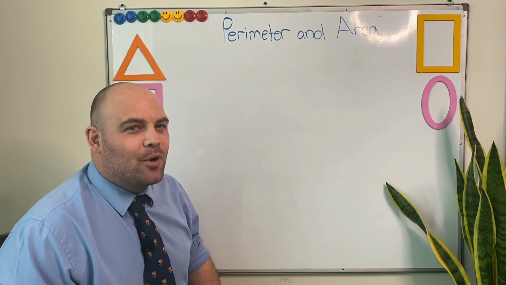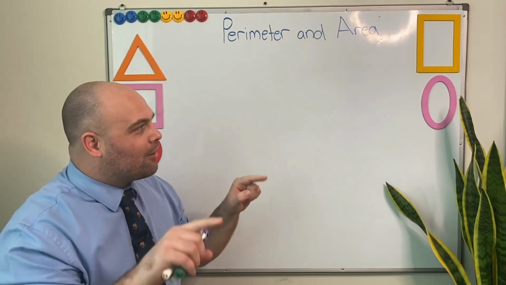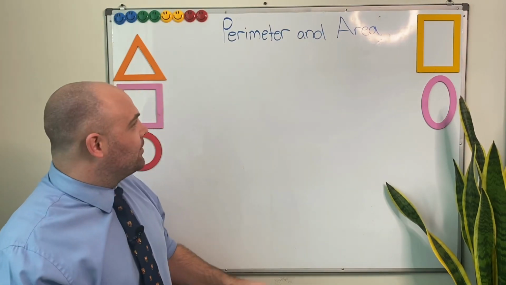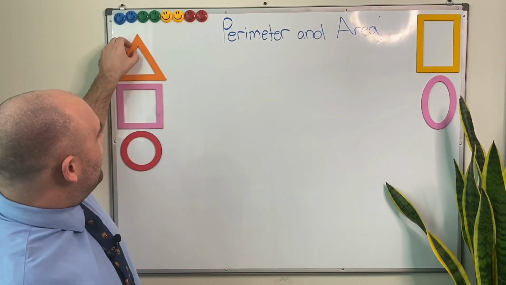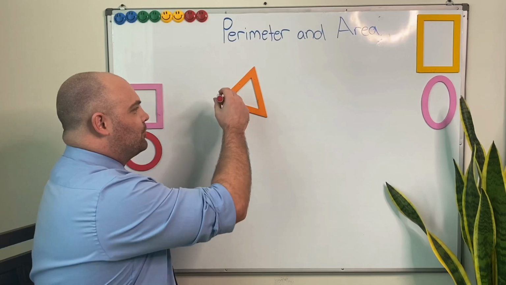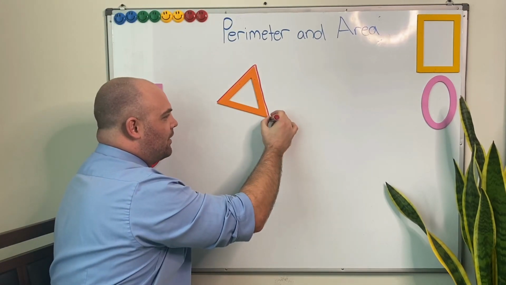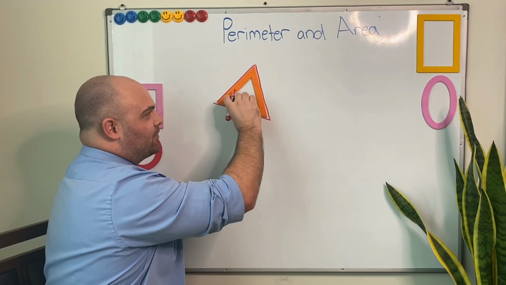And perimeter is the total distance around the outside of a shape. And so I've got a bunch of shapes up here. If we looked at this triangle, for example, the perimeter would be the length around the outside of the triangle.